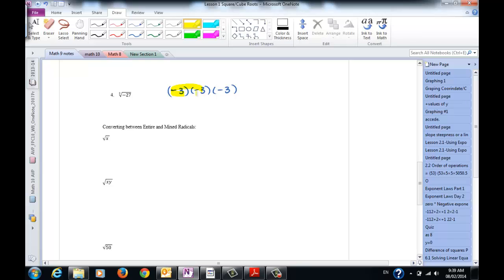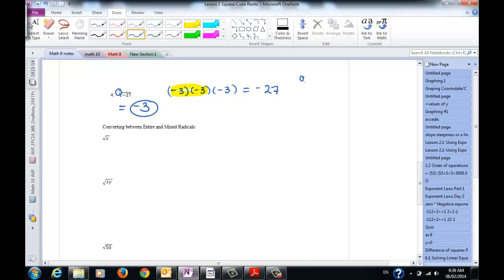Negative 3 multiplied by negative 3 is a positive 9. Positive 9 multiplied by negative 3 is negative 27. So we can take a cubed root of a negative number, because a negative multiplied by itself an odd number of times will still be negative. So the answer to this one is negative 3.